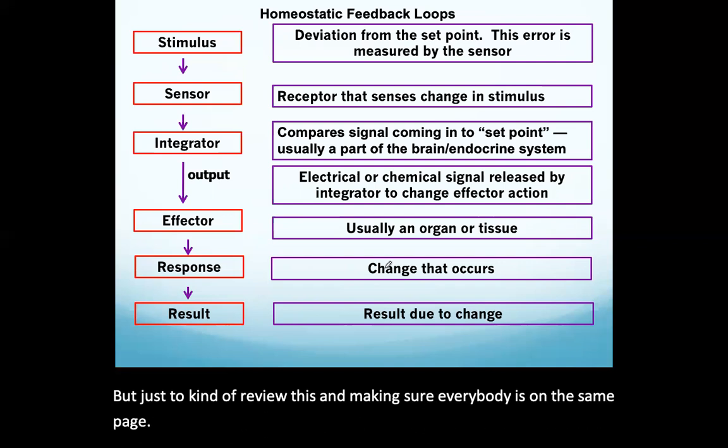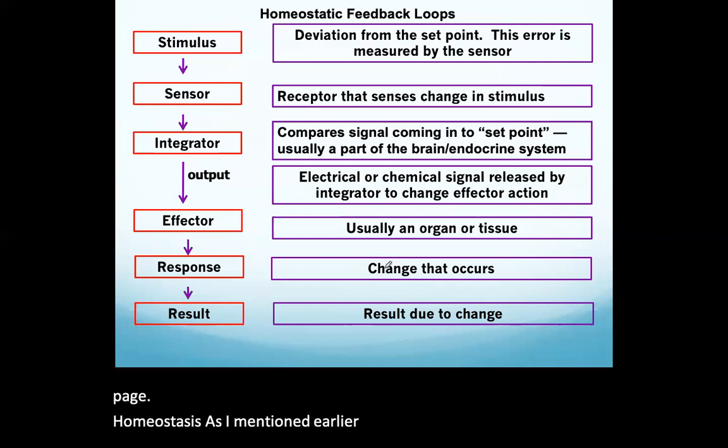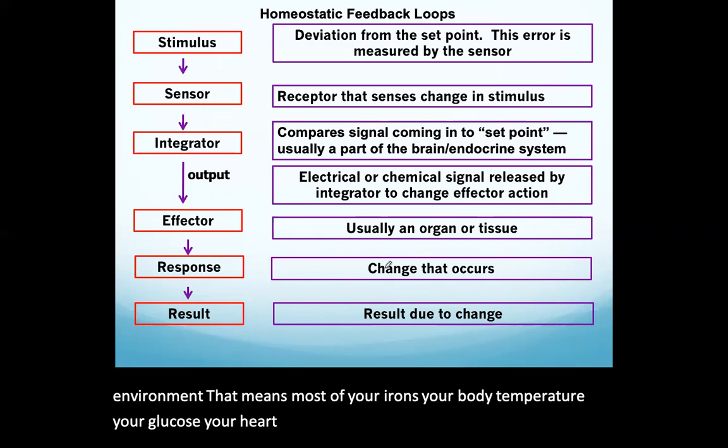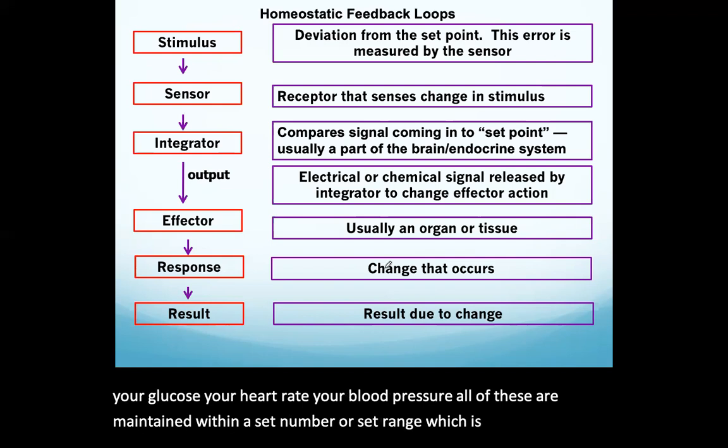Homeostasis, as I mentioned earlier, is basically maintaining an internal environment. That means most of your ions, your body temperature, your glucose, your heart rate, your blood pressure, all of these are maintained within a set range, which is called a set point.